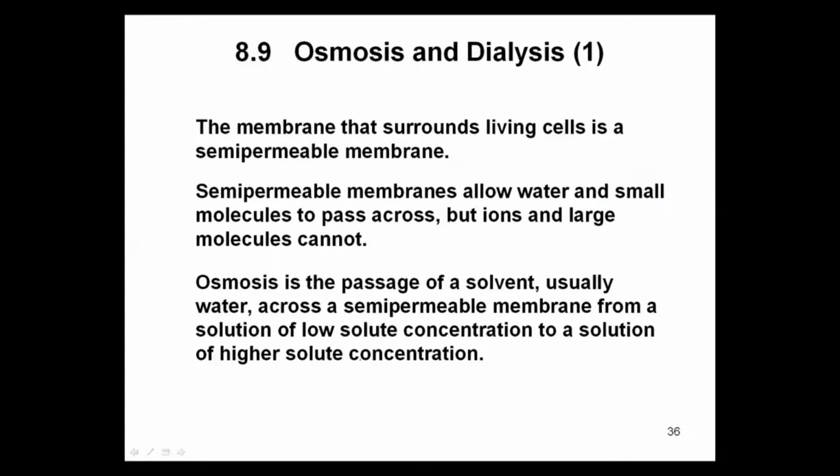All right, so let's talk a little bit about osmosis and dialysis. The membrane that surrounds living cells is what's known as a semi-permeable membrane. A semi-permeable membrane allows water molecules and small molecules to pass through, but ions and larger molecules cannot. You can think of it as a membrane that has holes in it.